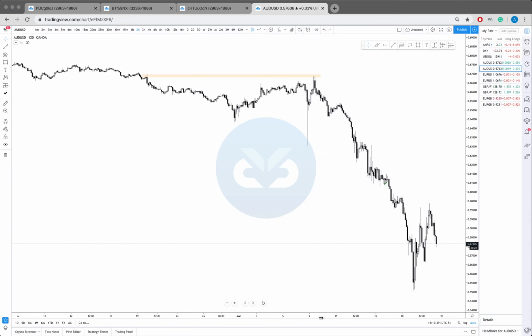So when we're looking at sponsored candles, I want you to write down all these rules. I'll probably include them in the description of this video. First off, it can be a candle that takes any type of liquidity, and by liquidity I mean any low, any high, any equal high, any equal low, or it mitigates a previous SC, and I'm going to show you an example of that in a few.